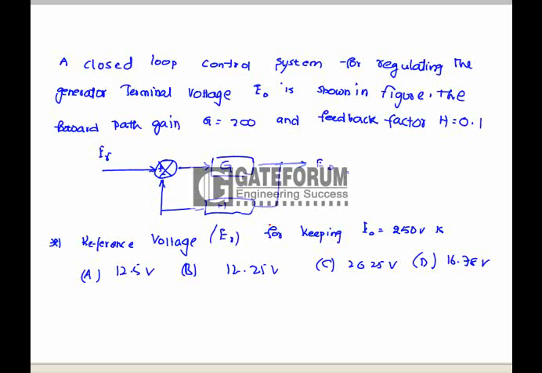Loop control system for regulating the generator terminal voltage E0, which is shown in the figure. The forward path gain is 200 and the feedback factor is 0.1. The reference voltage is for keeping E0 at 50 volts. E0 equals G by 1 plus GH into ER.